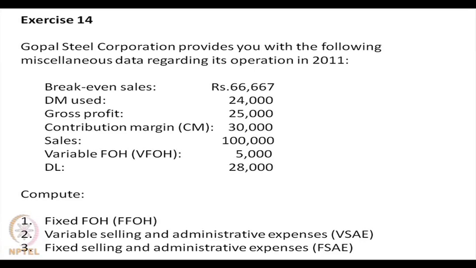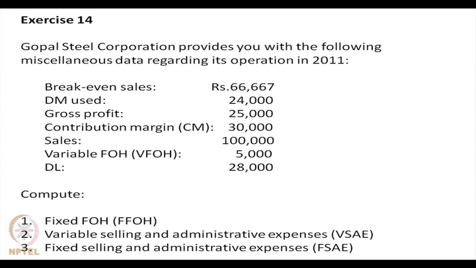Contribution margin is rupees 30,000. Sales 100,000. Variable factory overhead cost VFOH is 5,000 rupees. Direct labor is 28,000 rupees.